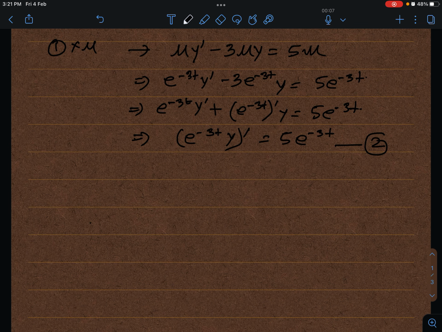We can rewrite this equation as e to the power minus 3t y whole prime equals 5 e to the power minus 3t, which can also be written as minus 5 by 3 e to the power minus 3t whole prime.